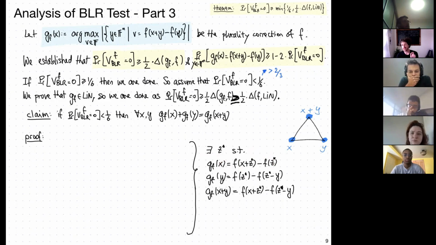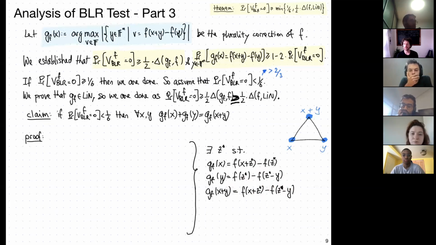And suppose that for the exact same z, I'll have another correction relation like that. I can derive y from these two terms. And also here, for g of f of x plus y, I can derive this vote that contains this thing.